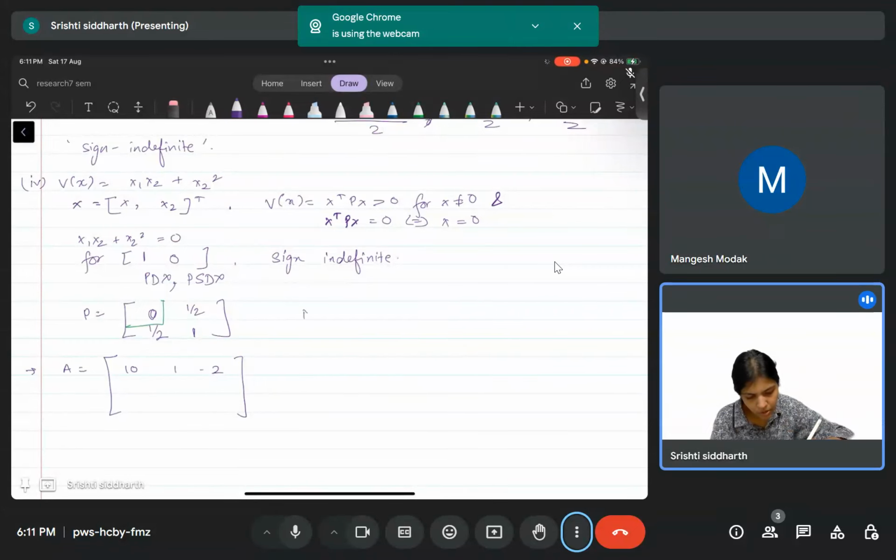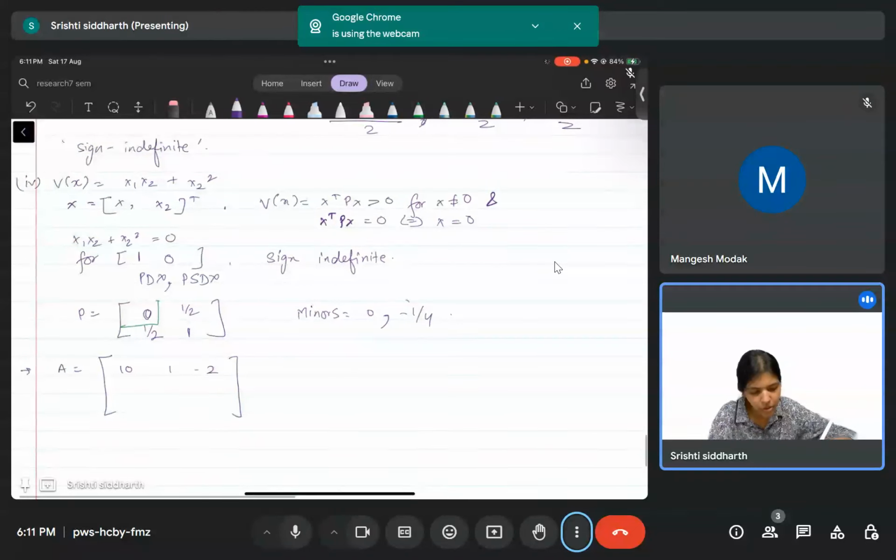Okay, one of them is 0. Those should be strictly negative, which is now about semi-definiteness.